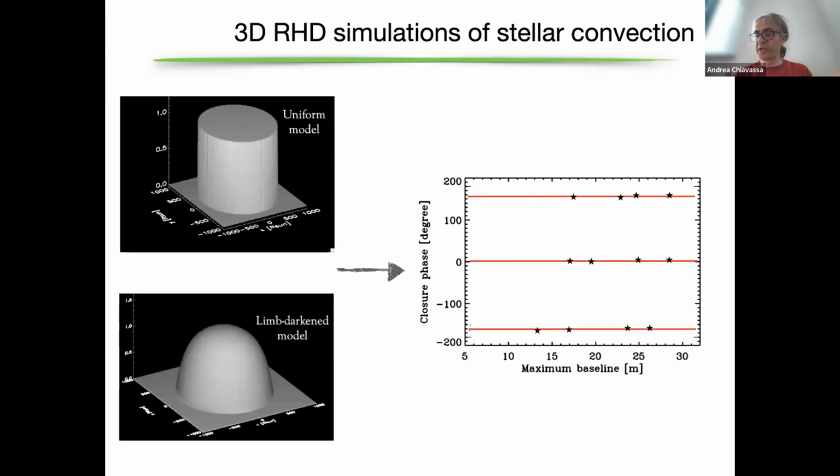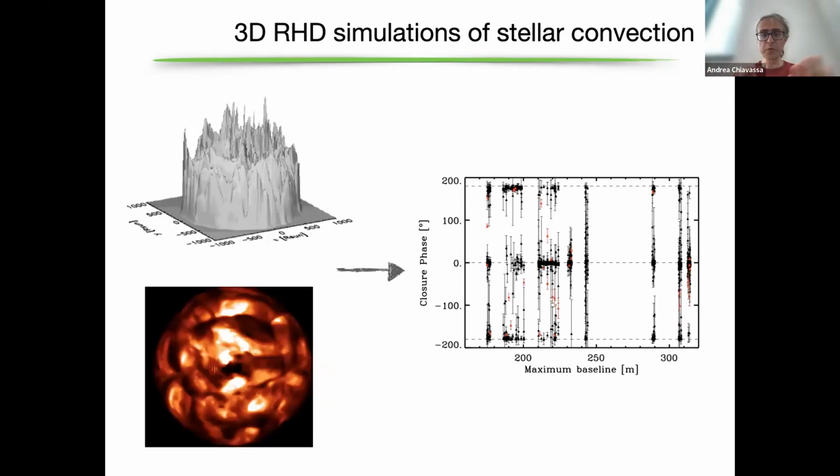I forgot to say why we're interested in that: the closure phase is what gives us information about the morphology or the distribution of the spots, if you want to say, on the surface of the star we want to look at. When we go for such an image like the one on the left, the 3D plot, the intensity image, then the closure phases start to have signal. The closure phase, but also, of course, the visibility, the contrast of the fringes, are also important in this sense.